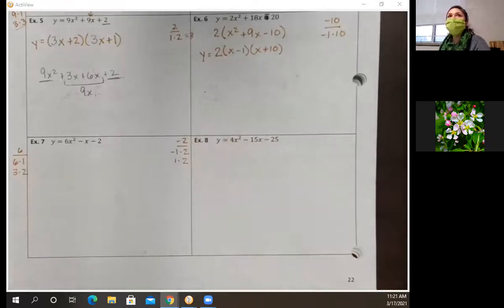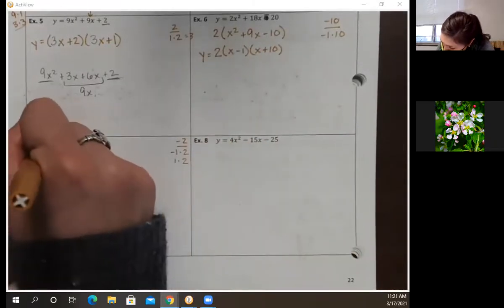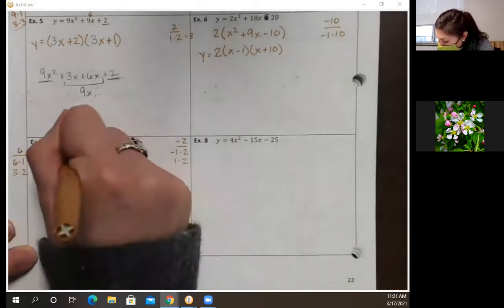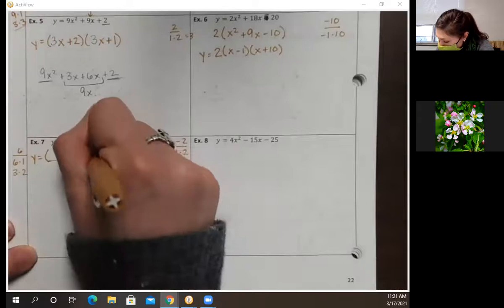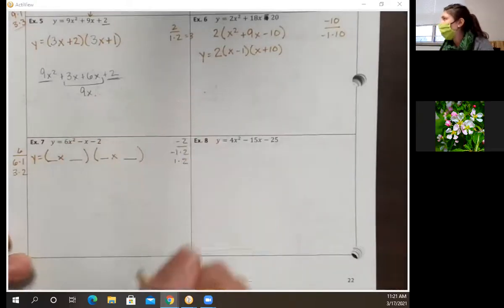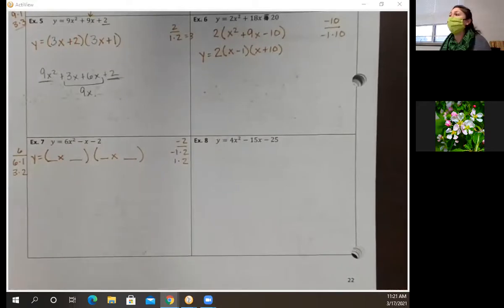So I have my list of options for what to put in each space. I know the x's go in there, but these other numbers are going to be a guess. So somebody give me a guess. Let's pick something to try.